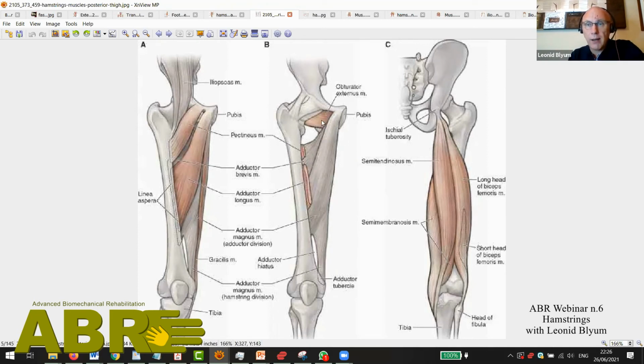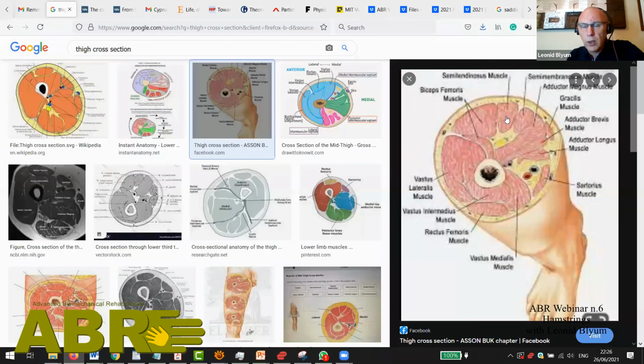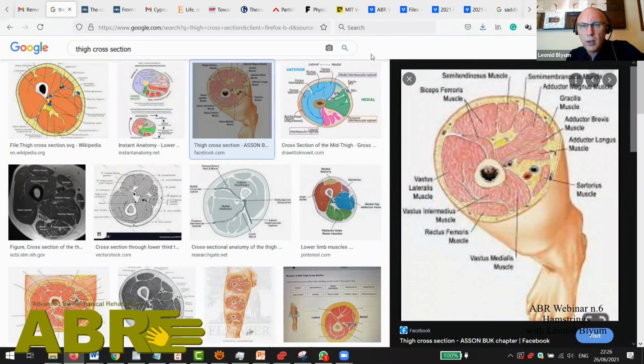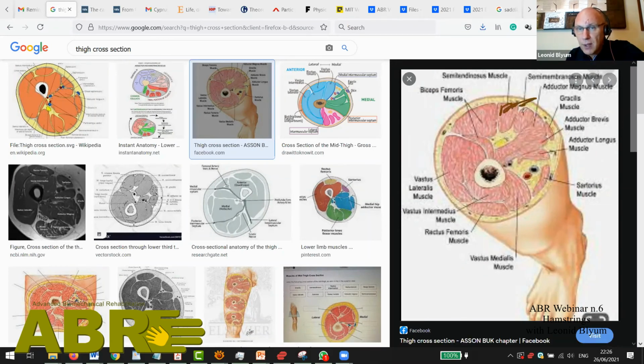hamstrings, and I really love the whole thing, because I have to add one more thing. When you look at the connections happening here at the back, we talked about the bone and the muscle, but we also have to think about the skin itself. That's one of the properties of the hamstring and the adductor.